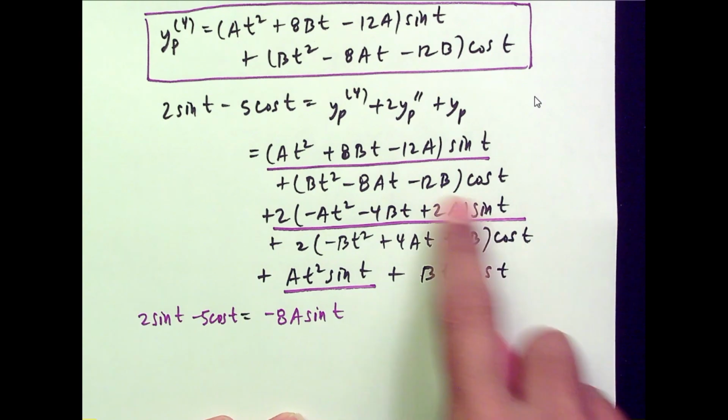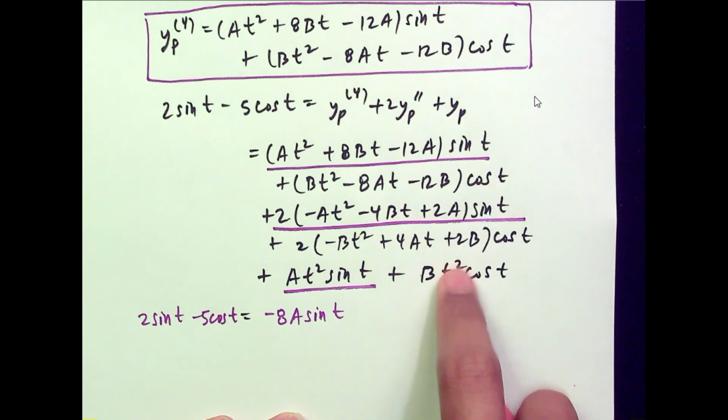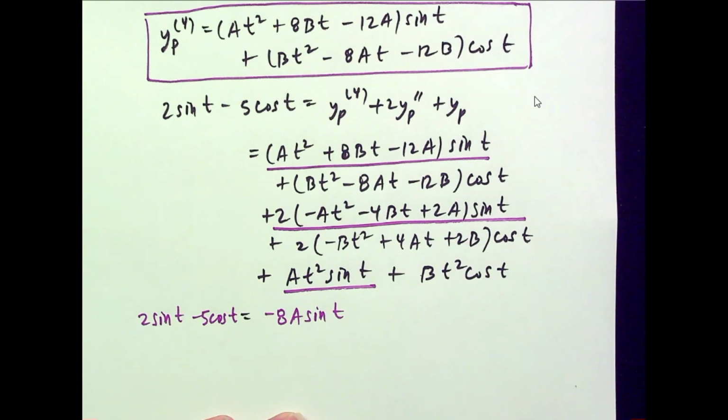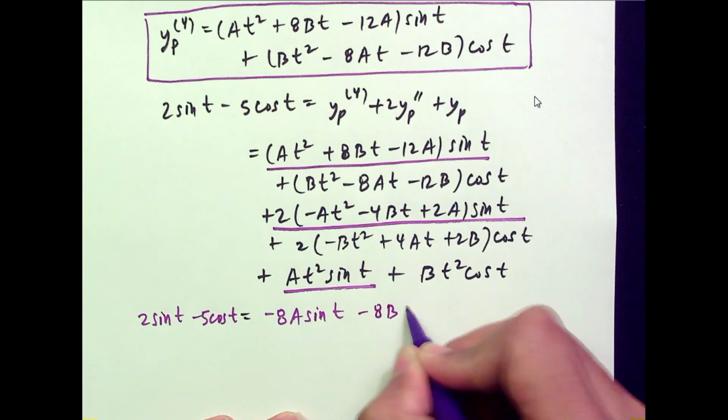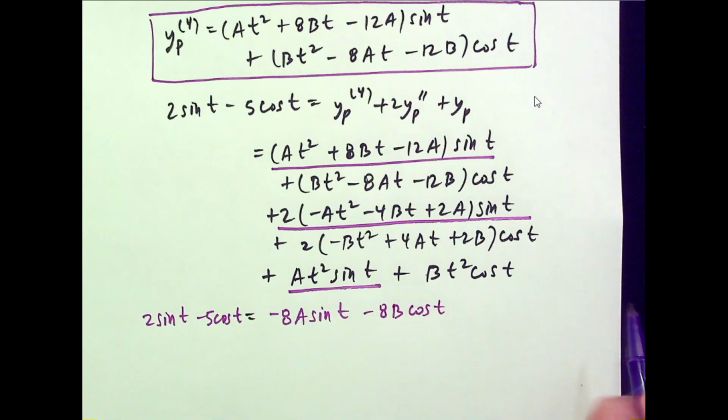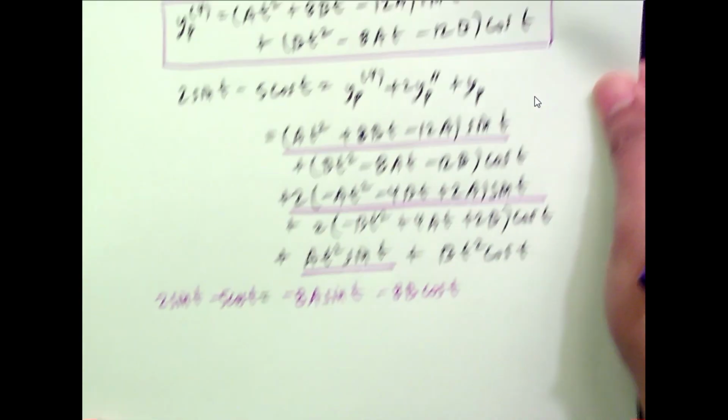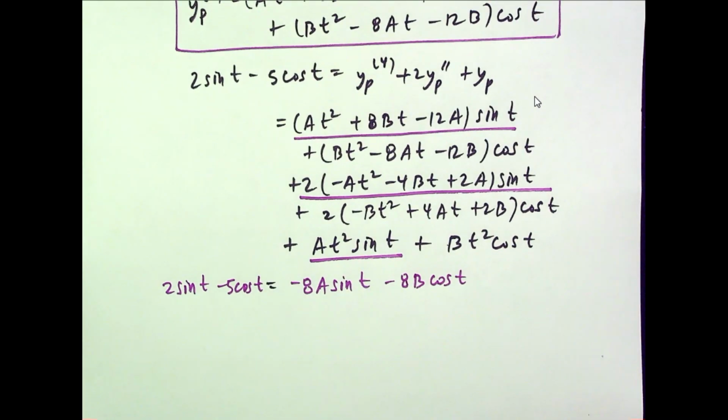And lastly, negative 12b and positive 4b is negative 8b cosine. Aha, so that's what we get.